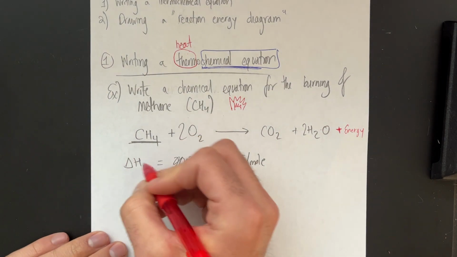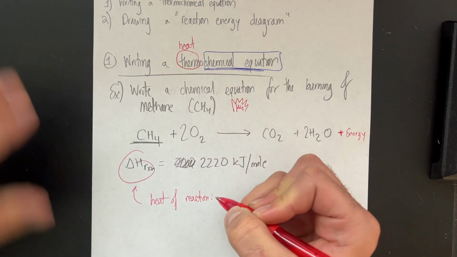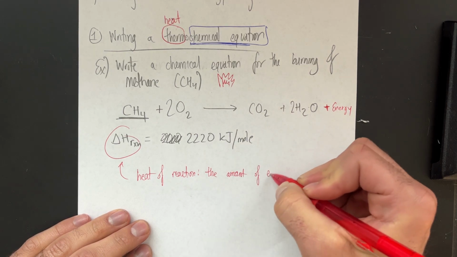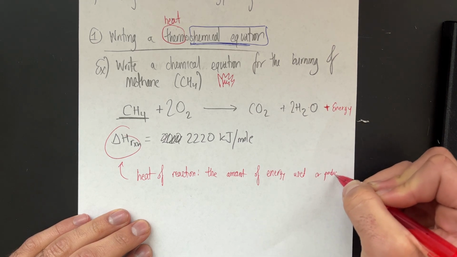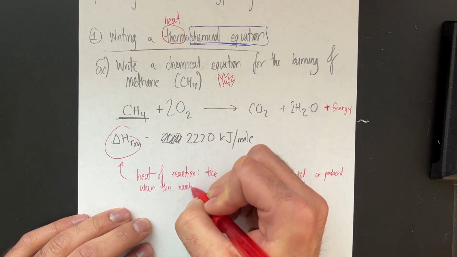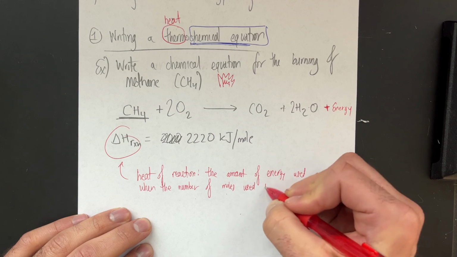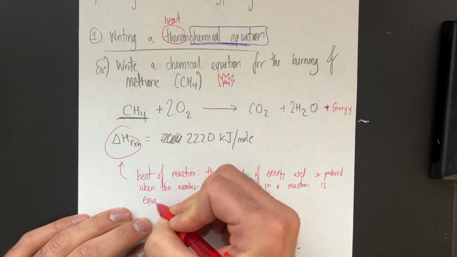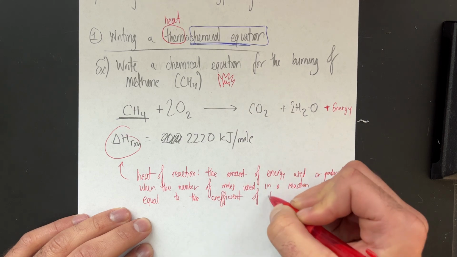What that means, this is what we call the heat of reaction, and it is the amount of energy used or produced when the number of moles used in a reaction is equal to the coefficient of the reactants.